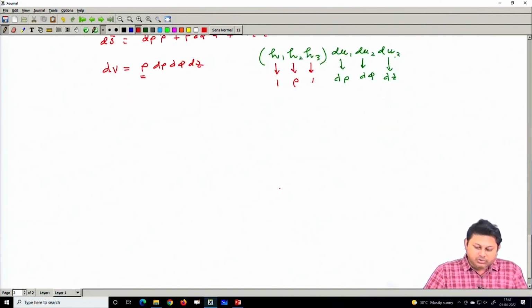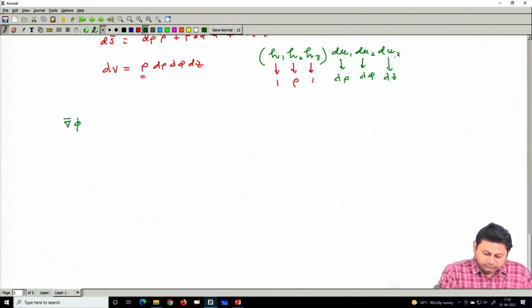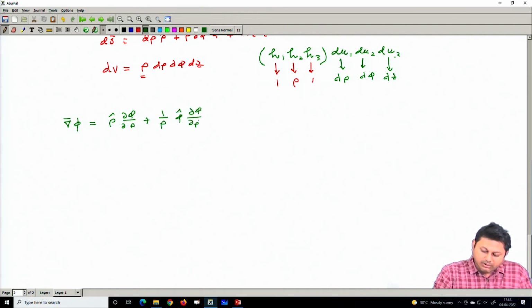Now, what is the expression of the gradient? The gradient expression is this: rho unit vector del phi del rho plus 1 by rho phi unit vector del phi del phi, and then I have z unit vector del phi del z.